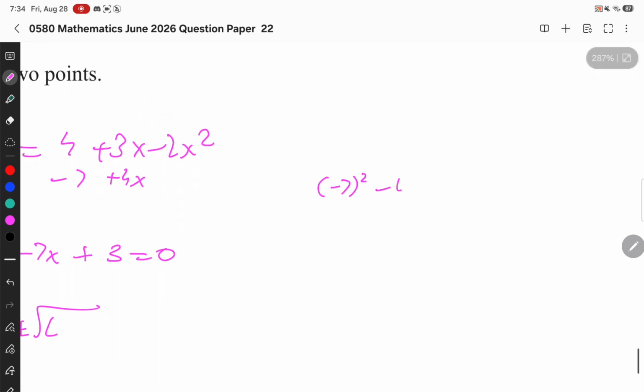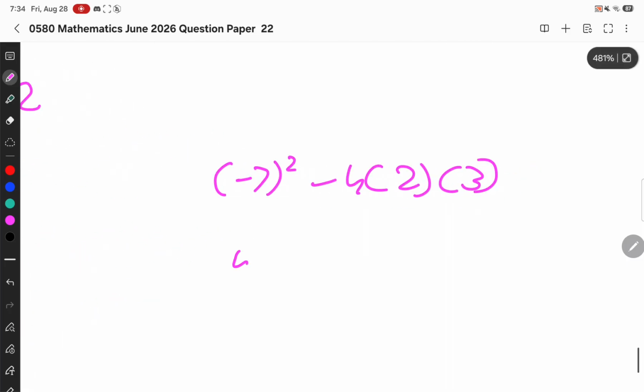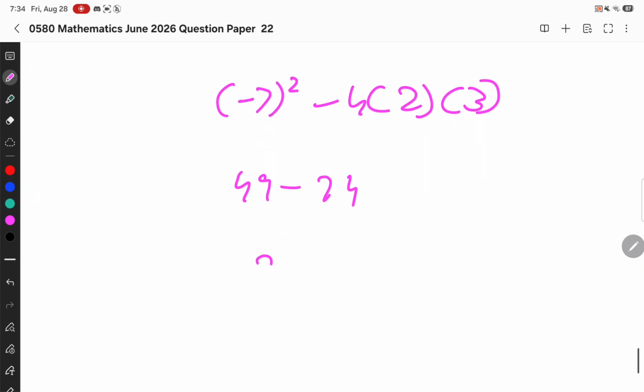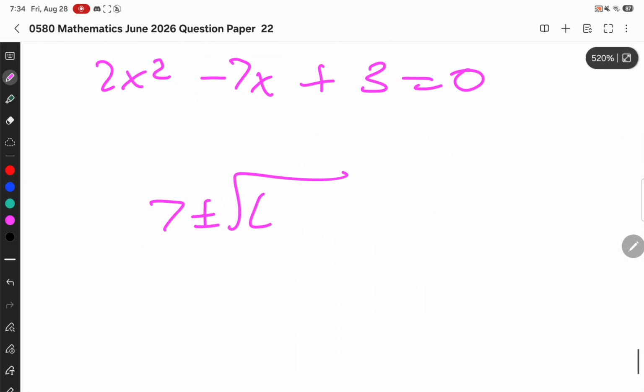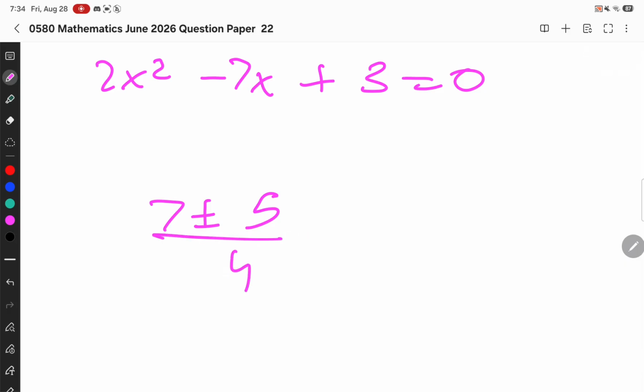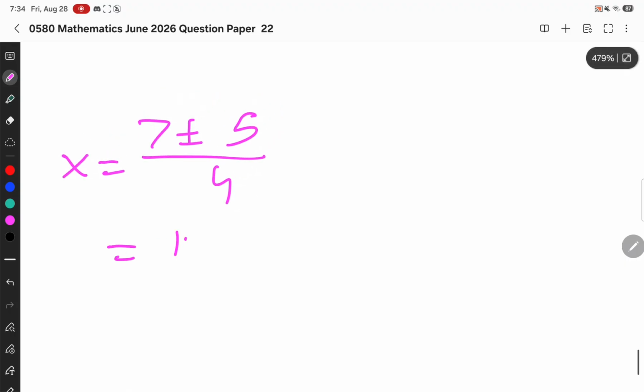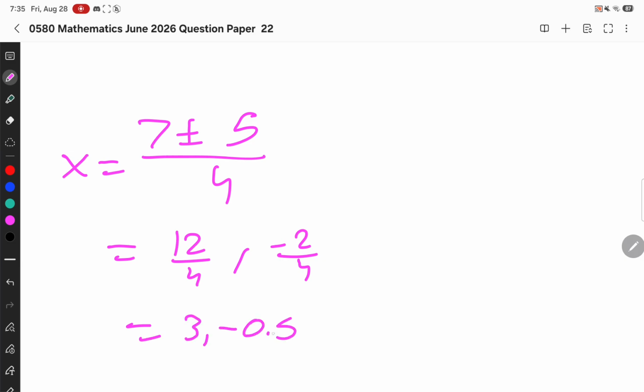Negative 7 squared minus 4 times 2 times 3. We get 49 minus 4 times 6, which is 24. What do you get? 25, and hence this is 5. Hence x is equal to 7 minus 5, which is negative 2, over 4. Negative 2 over 4 is negative 0.5.